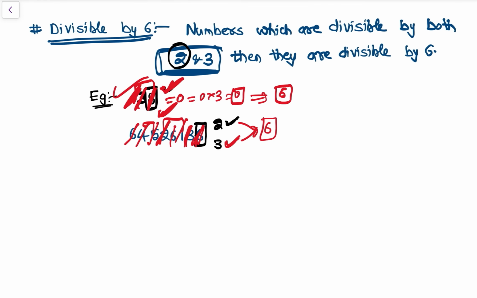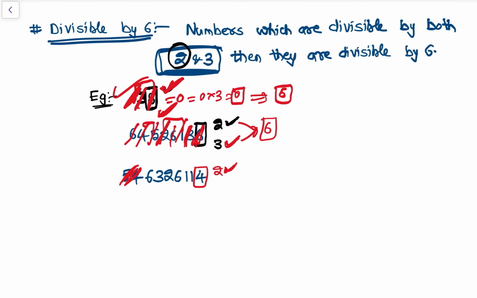Then let's check one more example, you will get more clarity. See, 546326114, whether this number is divisible by 6 or not. First check 2: yes, divisible because the last digit is 4. Now let's check with 3.